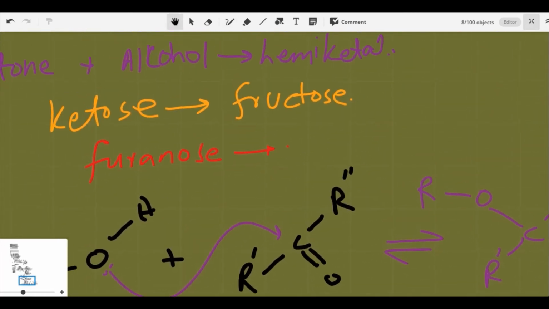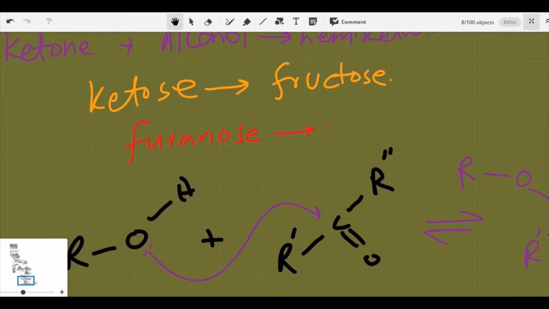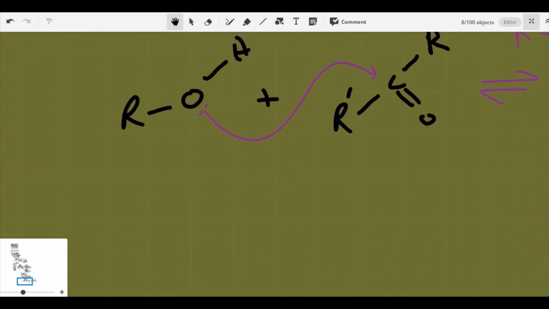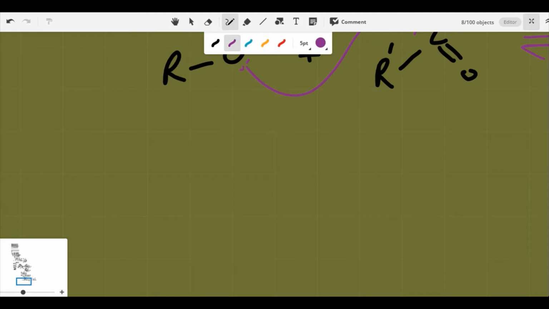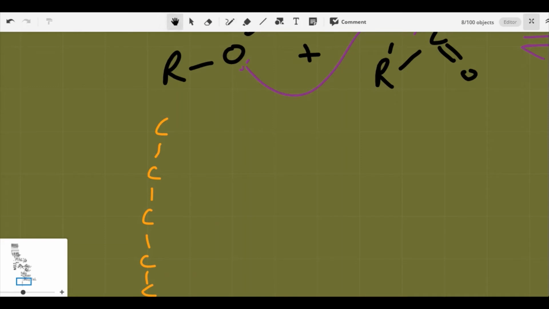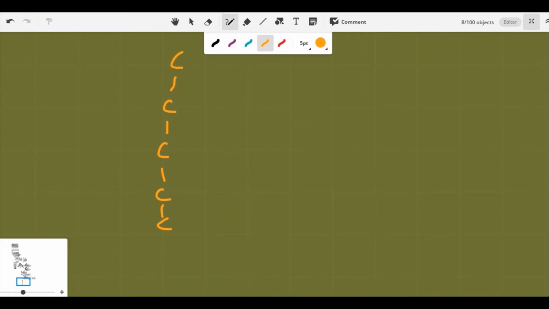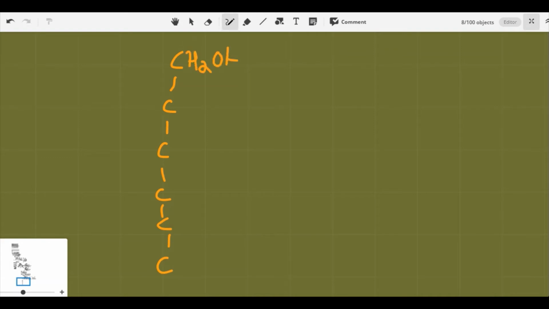For example, as I already told you, the ketose sugar is fructose, so we are going to take fructose here. As you know, fructose has 6 carbons, 1 2 3 4 5 and 6, and it contains a ketone group here.